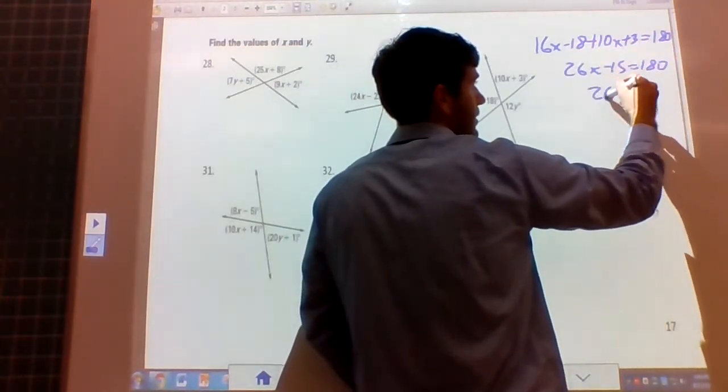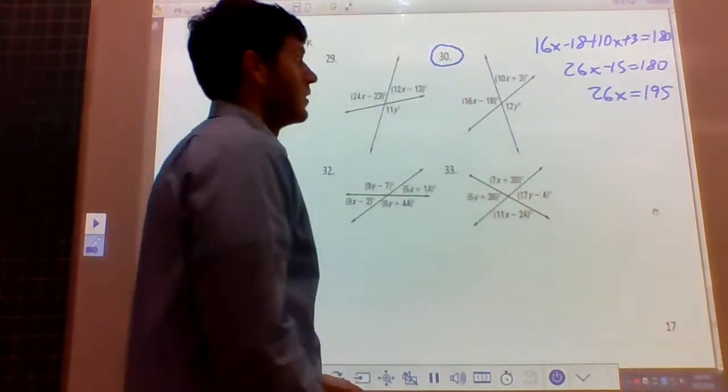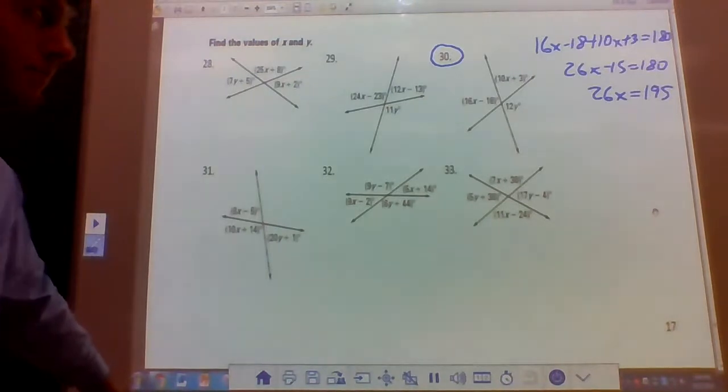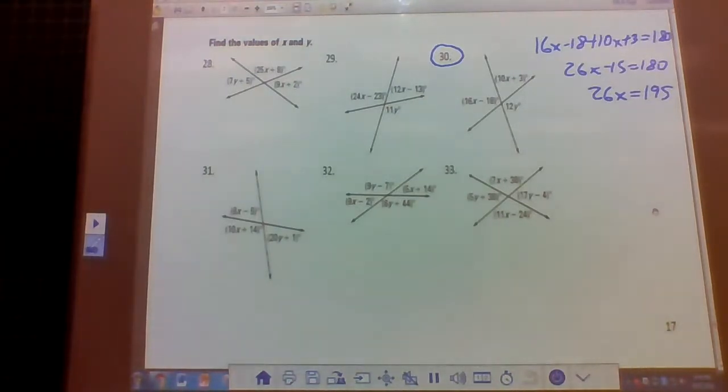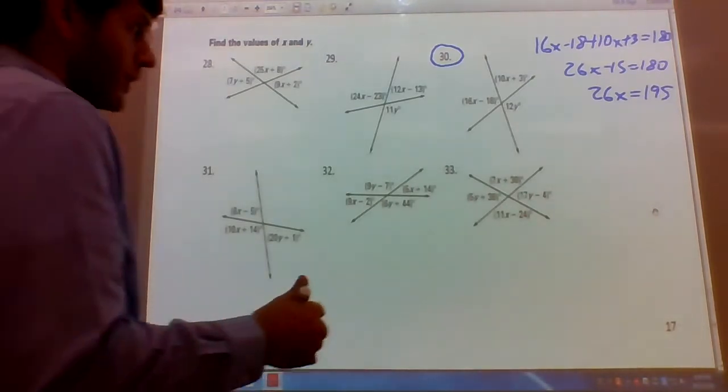Add 15 both sides, so we get 26x is 195. Which looks like we're going to get a fraction. Okay. So 195 divided by 26 is 7.5.